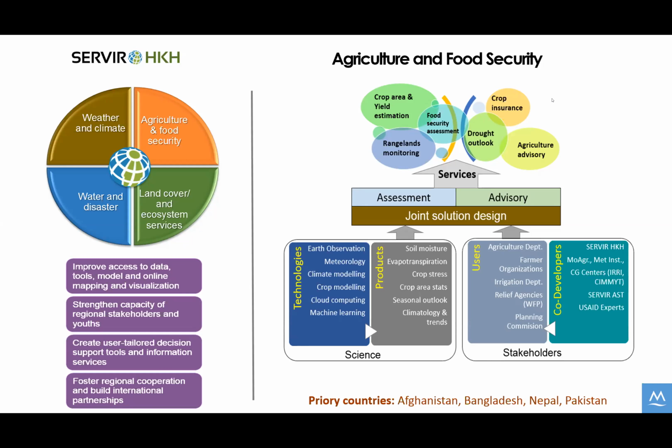We take those technologies, engage with stakeholders like national ministries and global institutions like World Food Programme or CIMMYT, and then co-develop solutions in the form of advisories or assessments. So far, we have been working on crop area estimation, rainfed area monitoring, food security assessments, and drought outlook. We are also looking for some avenues to work on crop insurance as well. So that was the institutional background and how we are engaged in use of Earth observation for crop monitoring and drought assessments.